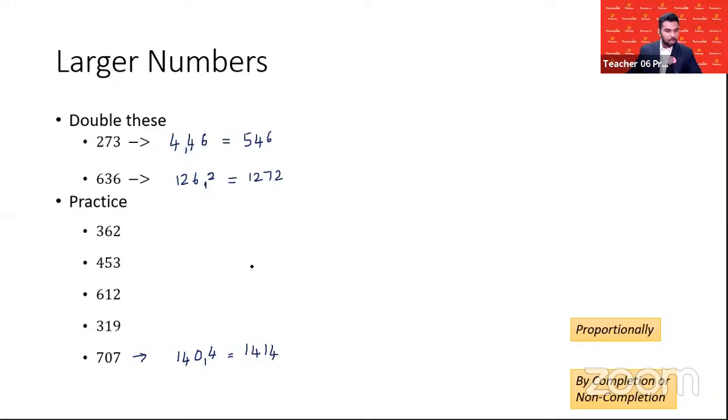Now we go a little bit ahead and say, suppose we wanted to multiply the original numbers by 4. How do we do that? These are very easy things to do once you have doubled. The first task in any of these cases is to double the number.